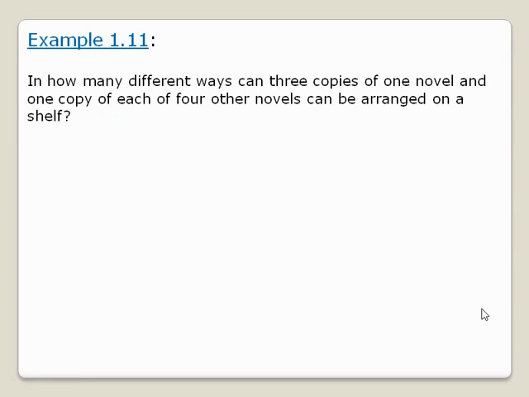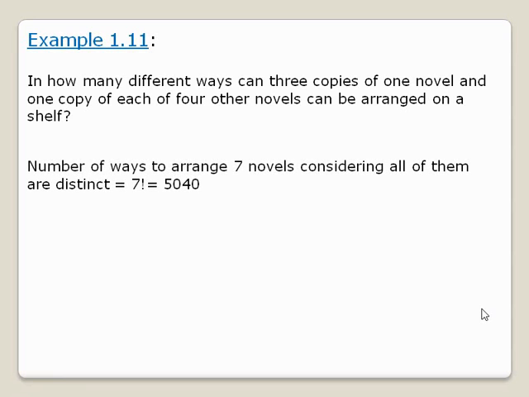Example 1.11. In how many different ways can 3 copies of one novel and 1 copy of each of 4 other novels be arranged on a shelf? If we consider all 7 novels are different, we will get 7 factorial, which means 5040 arrangements.